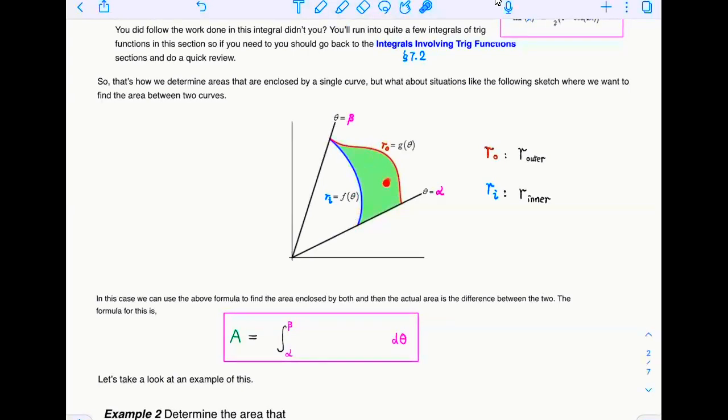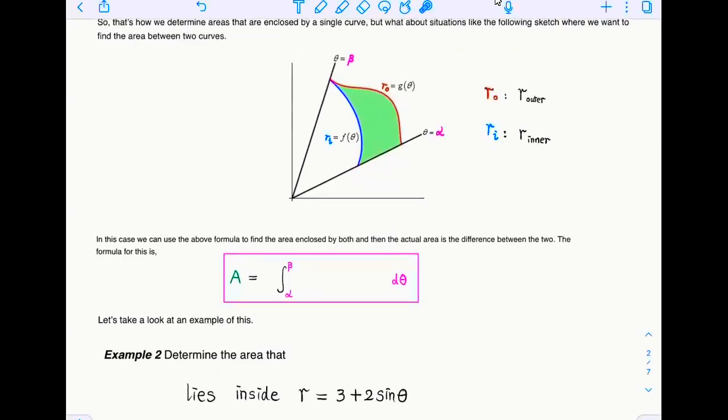We're trying to find the region bounded by these two polar curves, with theta going from alpha to beta. Would that be just the outer radius? No, it would be this area over here, subtracting this area here, the inside.